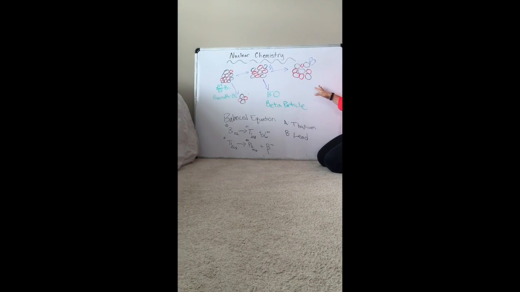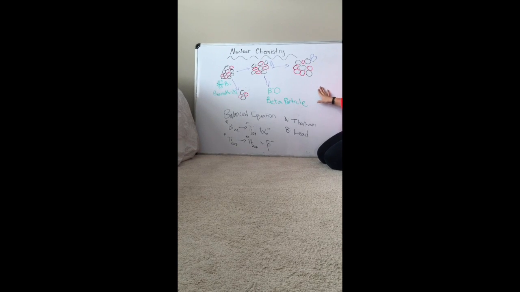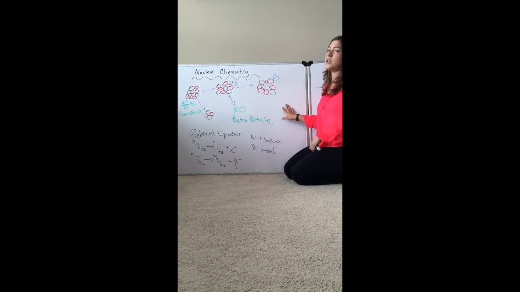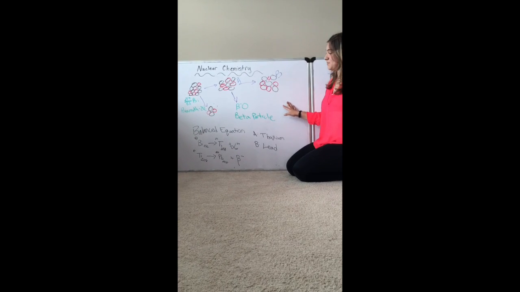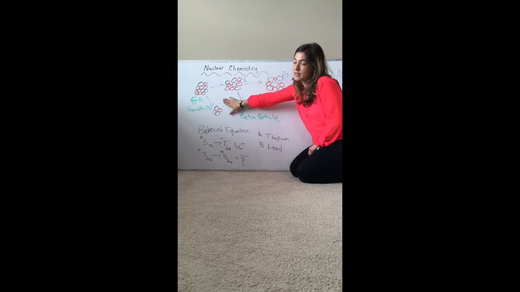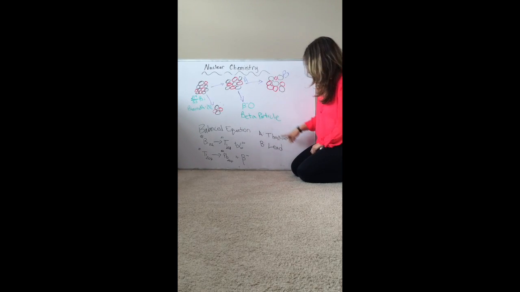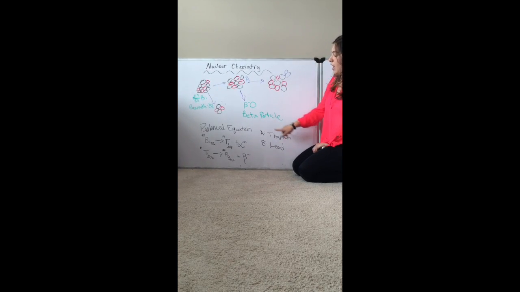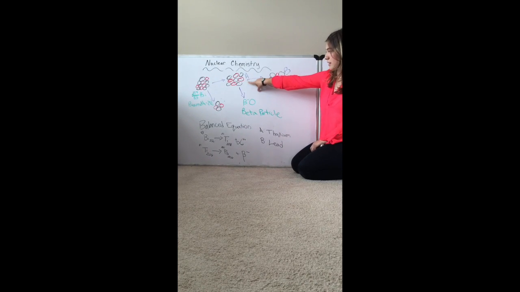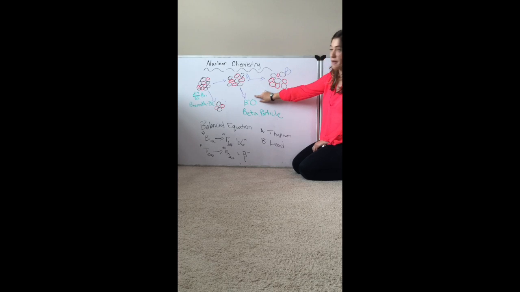You have to go through and balance the equations to be sure that you're getting the right elements, because the minute you screw up your balanced equations, it's no longer right. When bismuth has an alpha decay, it's going to result in thallium. Here's your balanced equation, and then thallium becomes your A element, and it's going to have a beta decay.